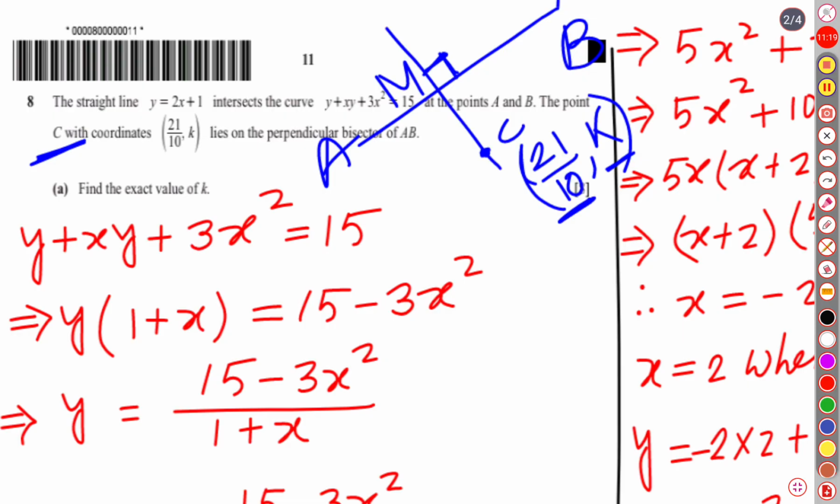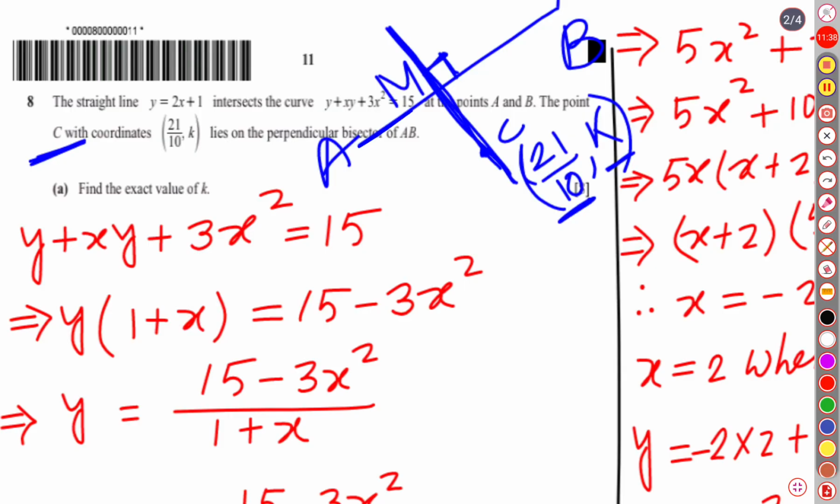So what can we do? This line is MC, and C is the point whose coordinates are given.